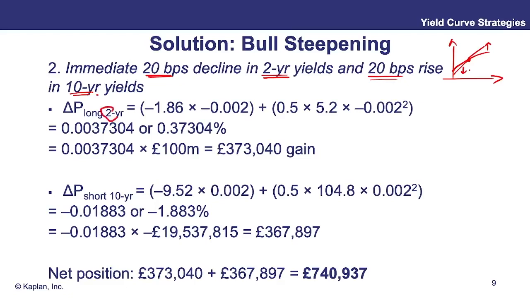At the short end, a 20 basis point decline, what we can do is take that 20 basis point decline, multiply it through by the negative of the modified duration of the short dated bond. That's that 1.86 here. And that's the duration impact.